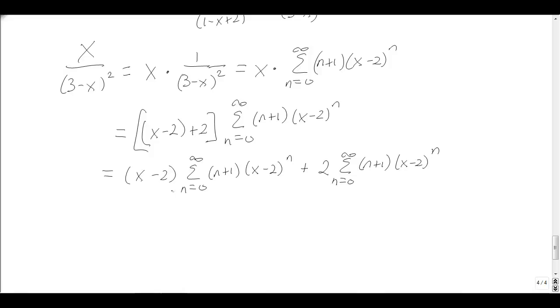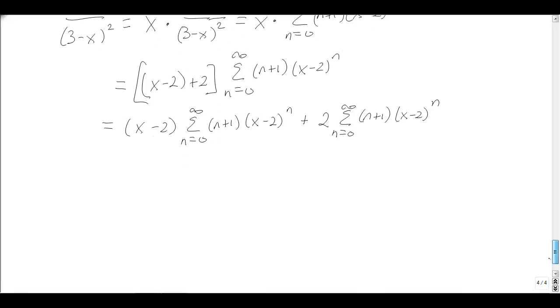So now the goal is to simplify both these series and then add them back together to get one series. For this left one, I can move the x minus 2 to the inside. I get the sum n equals 0 to infinity of n plus 1, and when I move that x minus 2 inside, I just have one more factor of x minus 2, which increases the exponent from n to n plus 1.